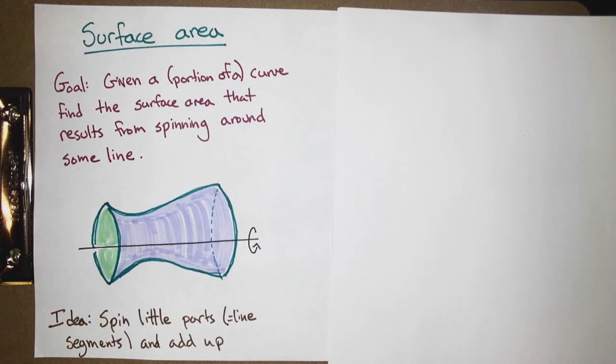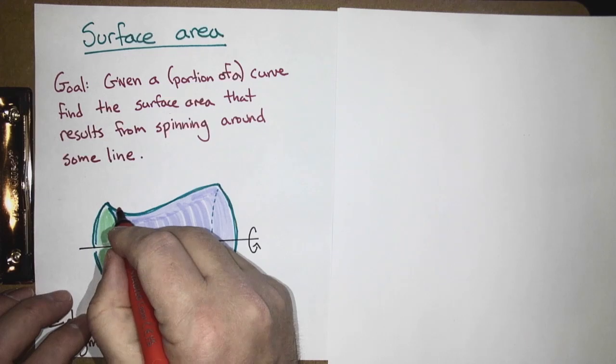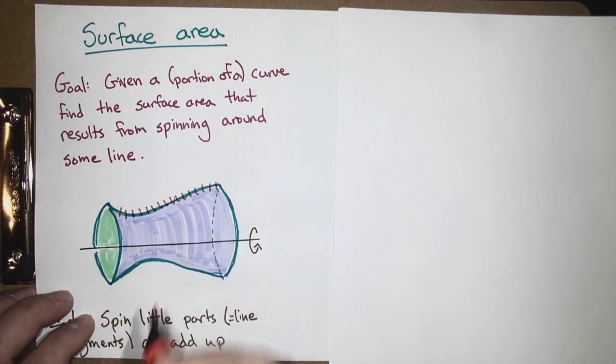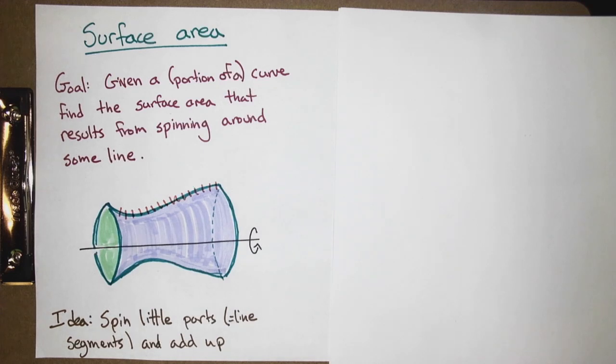What's the surface area? Now, if you think back to our underlying philosophy for integration, our underlying philosophy says, let's break things into small pieces. And if we break things into small pieces, and we understand what's happening with each piece, then life is good. So we say, okay, what are we spinning? Now, we're not spinning strips. What we're going to do is we're going to take our curve, and we're going to break it up into lots of little pieces. Now, what's the advantage of breaking the curve up into lots of little pieces?